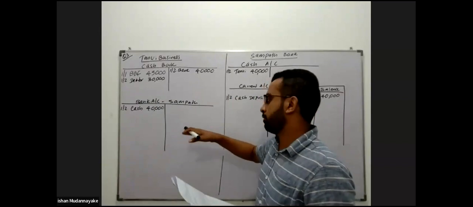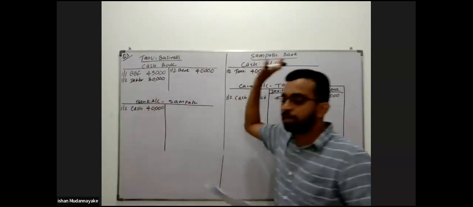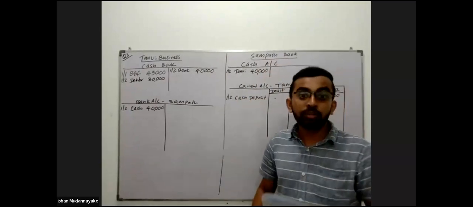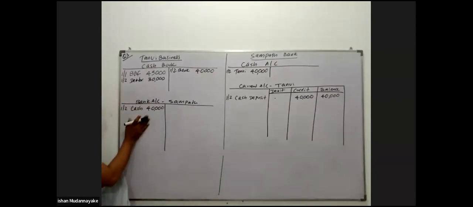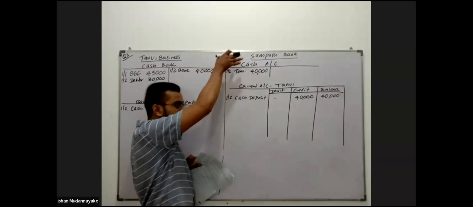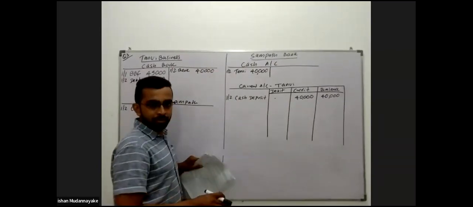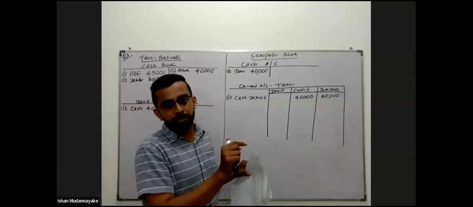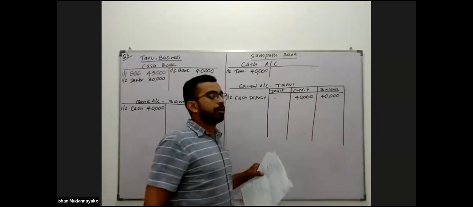Bank account debit 35,000, debtors account credit 35,000, on 3rd January. After recording this transaction, on the same day they deposited this check in the Sampath Bank, after completing the check deposit slip. The business can deposit this check in its current account at Sampath Bank.